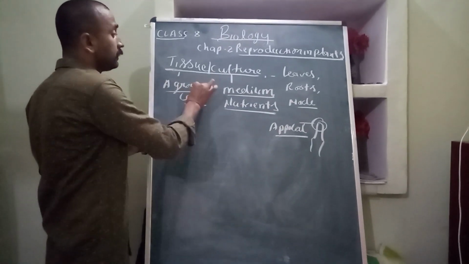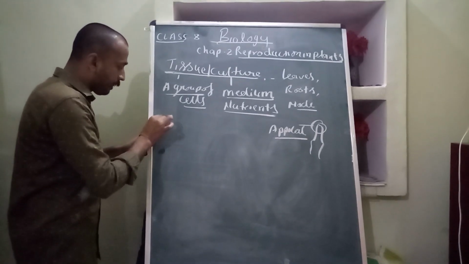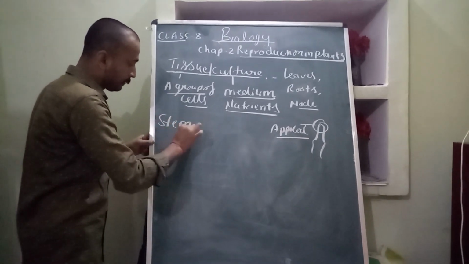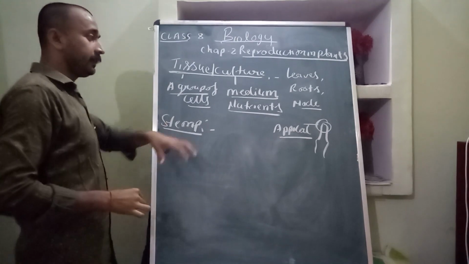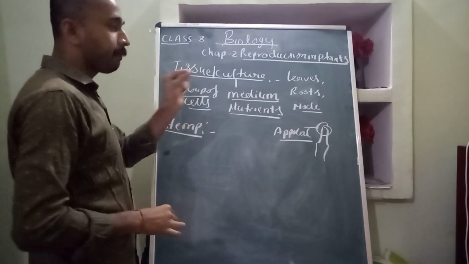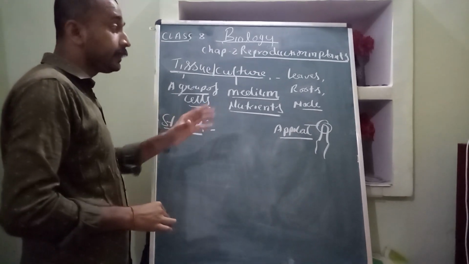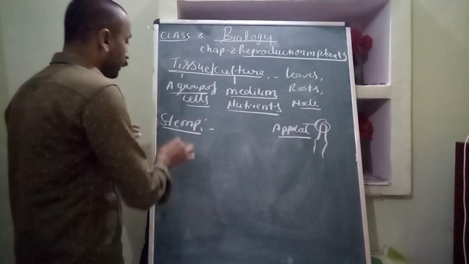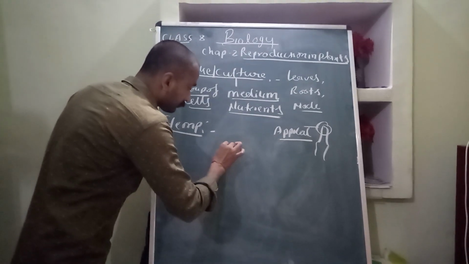So now students, in this process, step first: take a part of a plant which has the ability to multiply repeatedly.